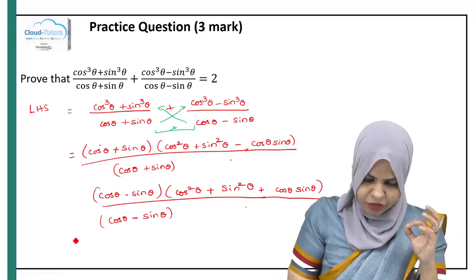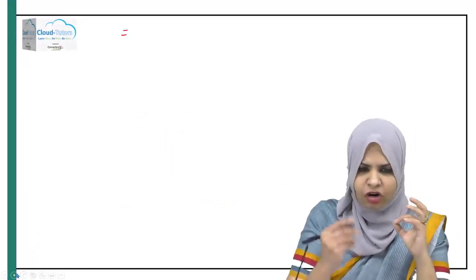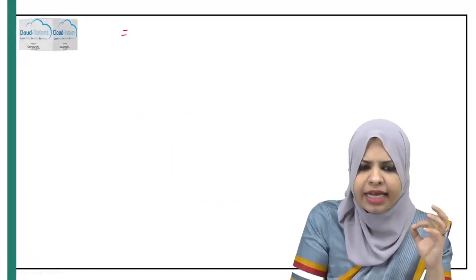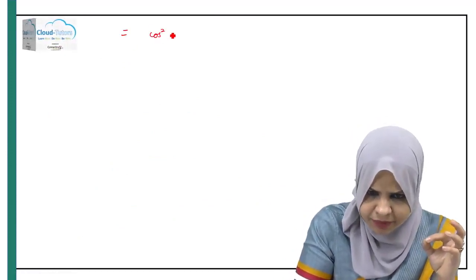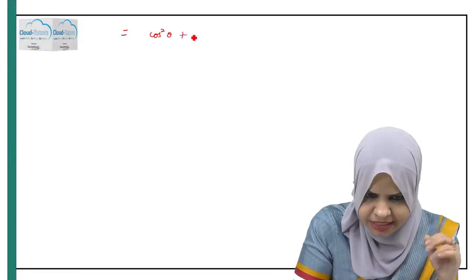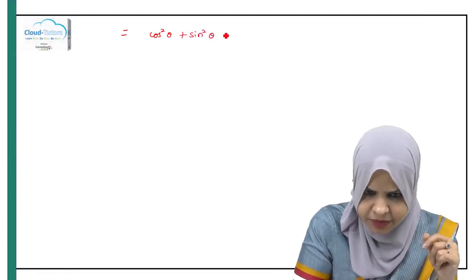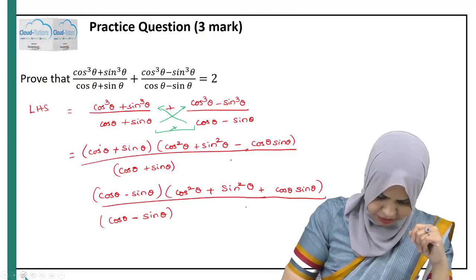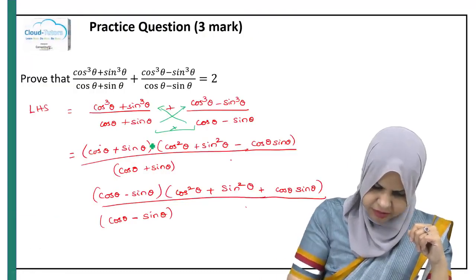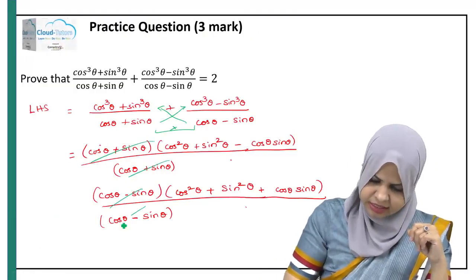So that is why. So what happens here, observe, cos square theta plus sin square theta is 1, right? See what is happening here. This and this are cancelling, this and this are cancelling.